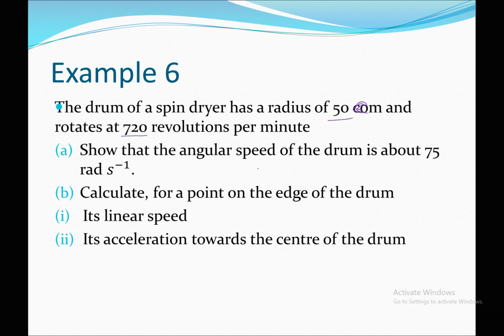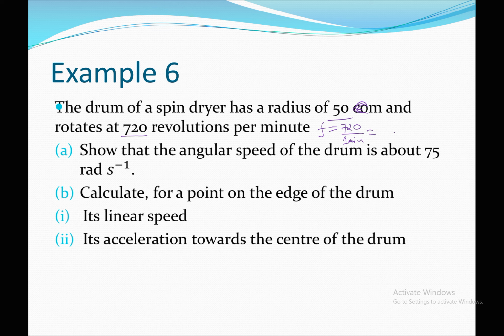Show that the angular speed of the drum is about 75 radians per second. It rotates 720 revolutions per minute, so this is like frequency per minute. Frequency is 720 per minute, over 1 minute.